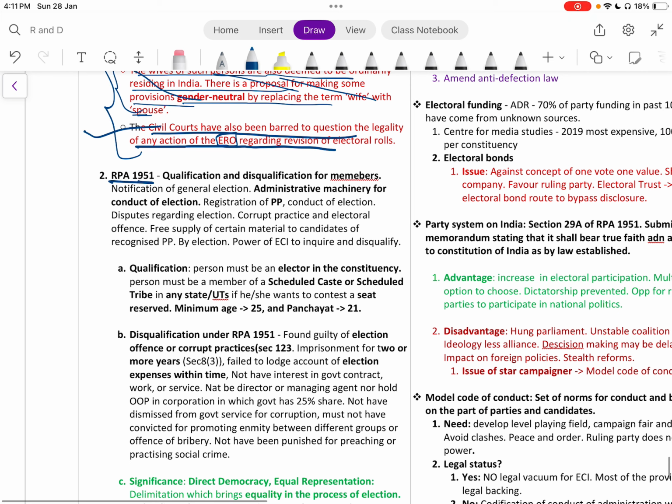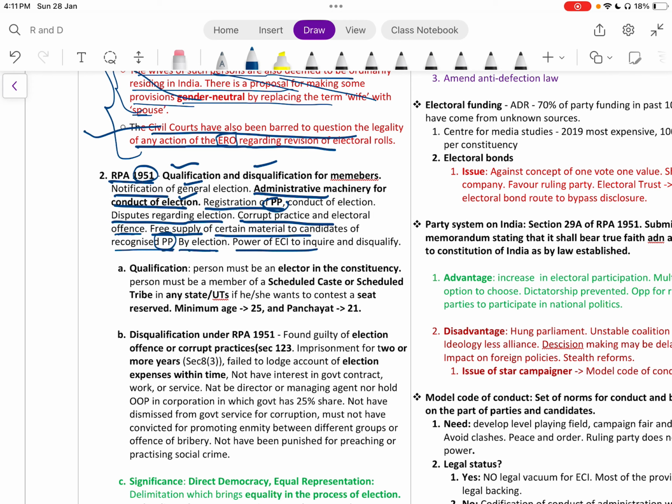Representation of People's Act 1951: qualification and disqualification of members, notification of general election, administrative machineries for the conduct of election, registration of political party, conduct of election, disputes regarding election, corrupt practices and electoral offences, free supply of certain material to candidates of recognized political parties, by-election, power of election commission to inquire and disqualify.